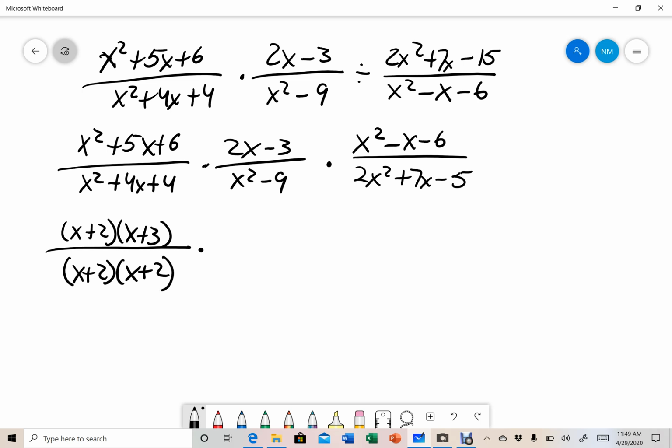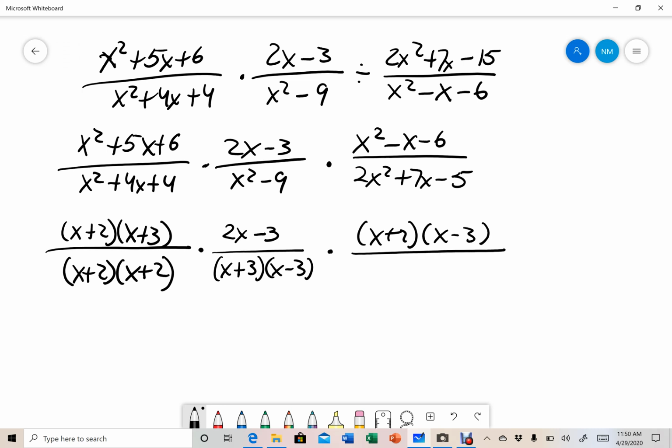Then we look at our second one, 2x minus 3, there's nothing to factor there, over x plus 3 and x minus 3. And then x plus 2 over x minus 3 over 2x minus 3 and x plus 5. Okay, so we're factoring all these here. Each numerator, each denominator, we factor if it can be factored.